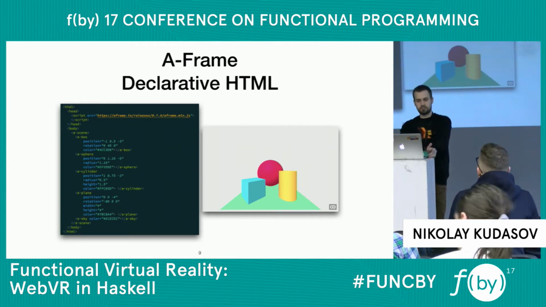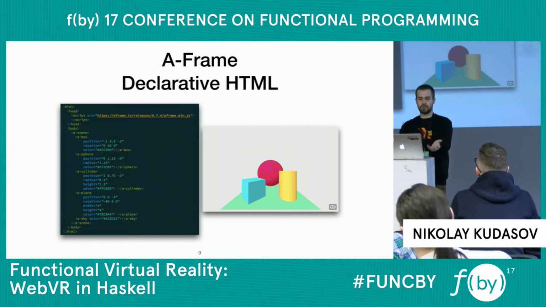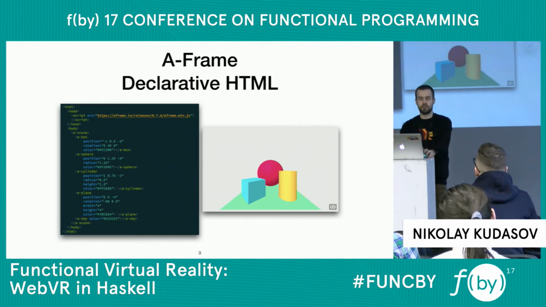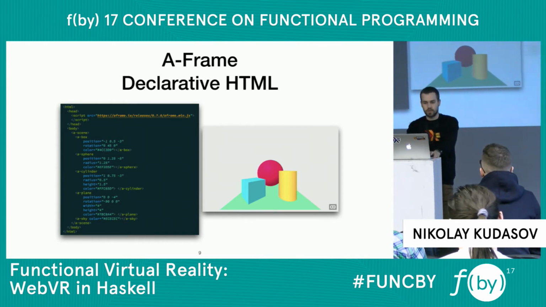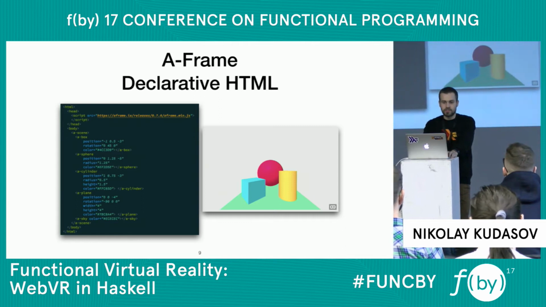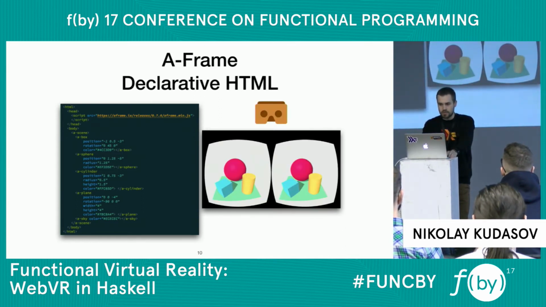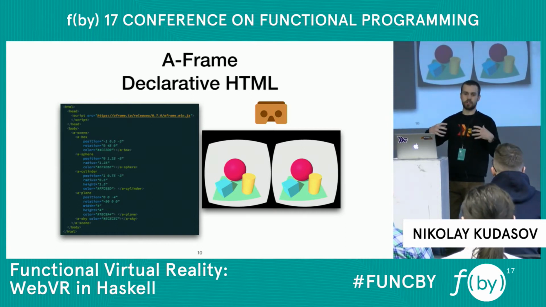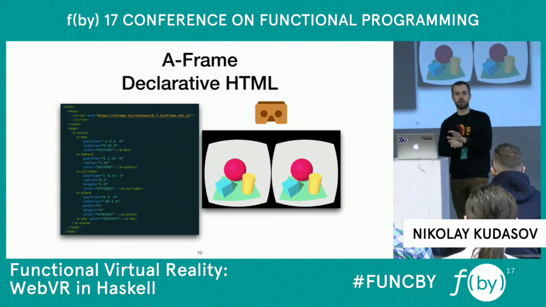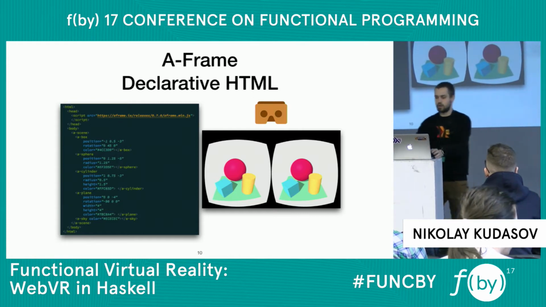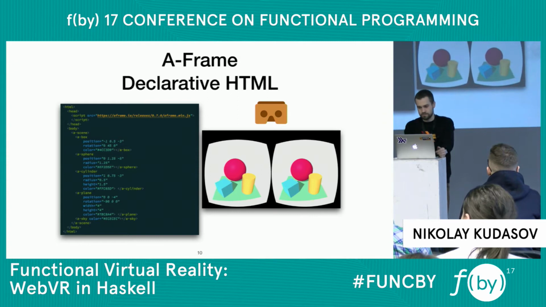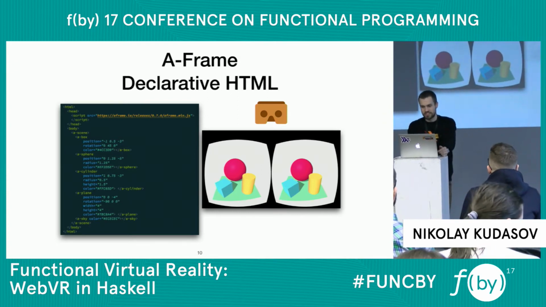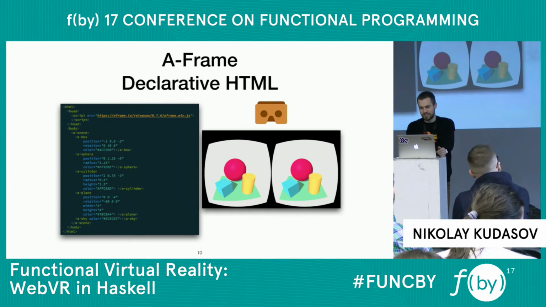And the thing is that you just declare where things are in relation to each other. And it just works, and it renders, and you can interact with these objects. It's fairly simple. And you can, of course, go to the VR mode, and you can get your smartphone and Google Cardboard or something, and you can watch this simple thing and immerse yourself in this beautiful virtual reality.